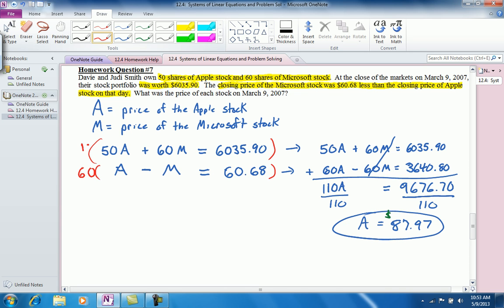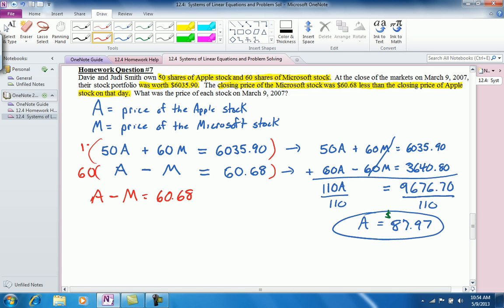Okay. So now I need to figure out what the Microsoft stock was worth. I can go back to either one of my original two equations, the 50A plus 60M equals 6,035.90, or the A minus M equals 60.68. I'm going to use the easier of the two, which is the A minus M equals 60.68.